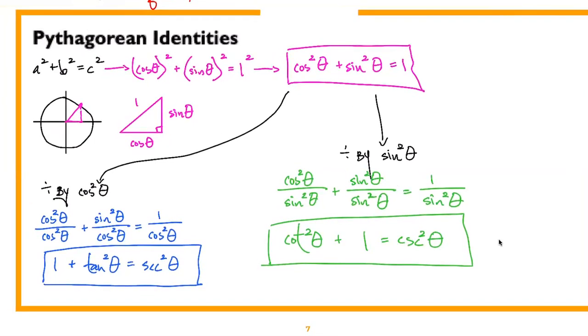So for however many years that I've been learning and teaching math, I chose to memorize the one in the pink. I know that one. Anytime you ask, I could tell you that cosine squared plus sine squared equals 1. The other two, I do tend to derive so I can remember which way it is. So if you are a person who is super good at memorizing, feel free to memorize all three.